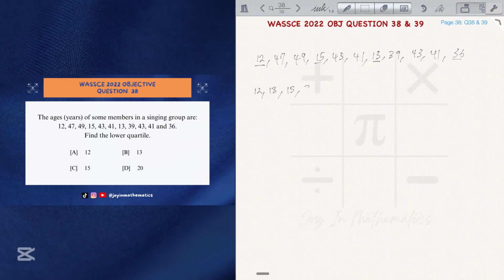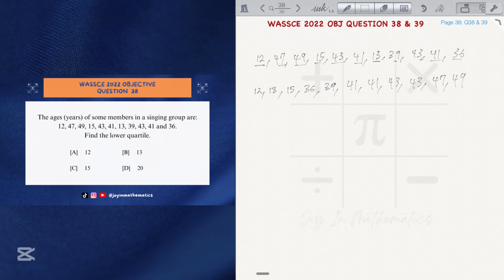From 36 we move to 39, and from 39 we move to 41. So we have 41 followed by 43, and we have 43, and then we move to 47, finalized by 49.